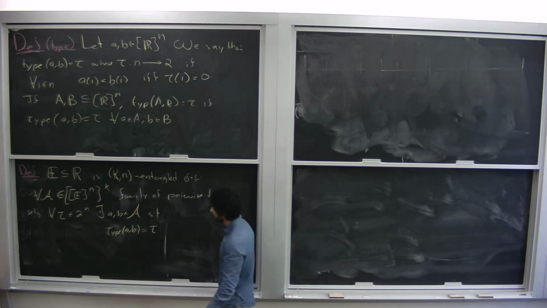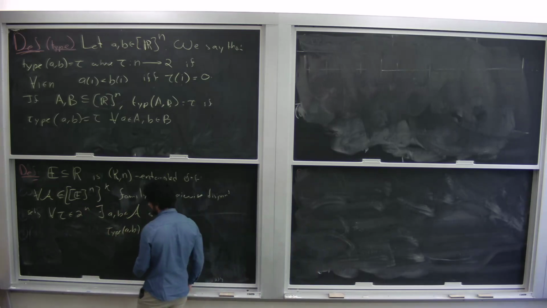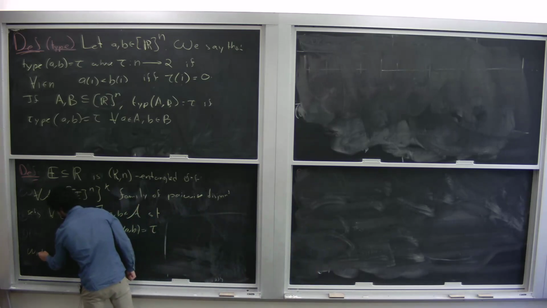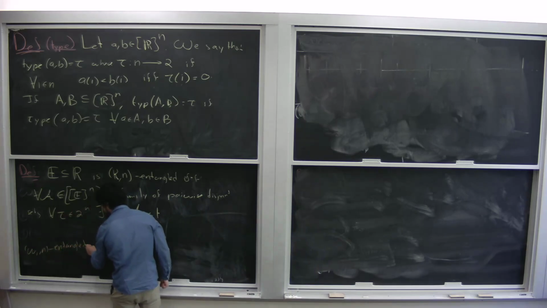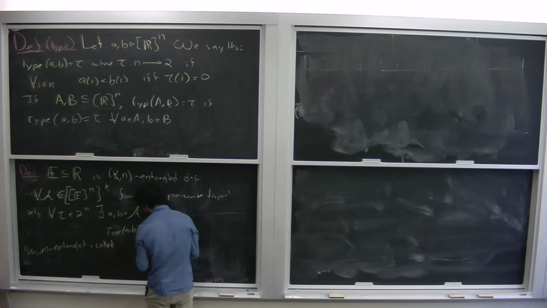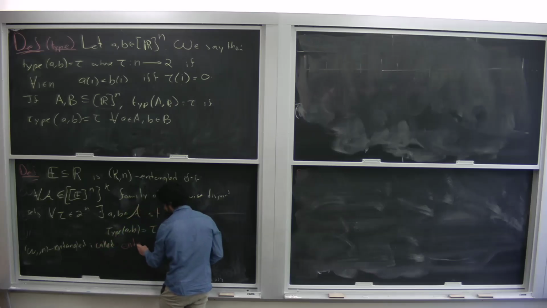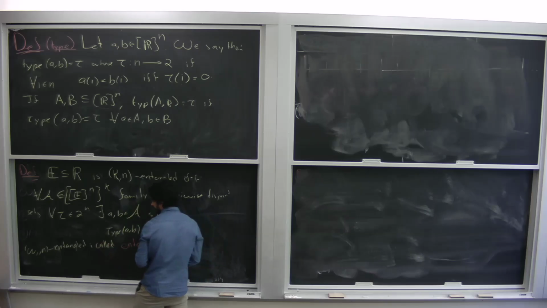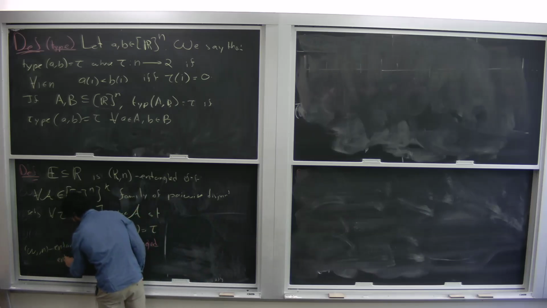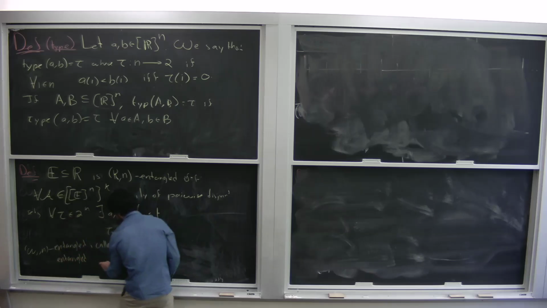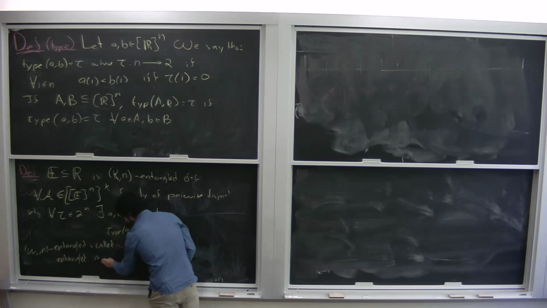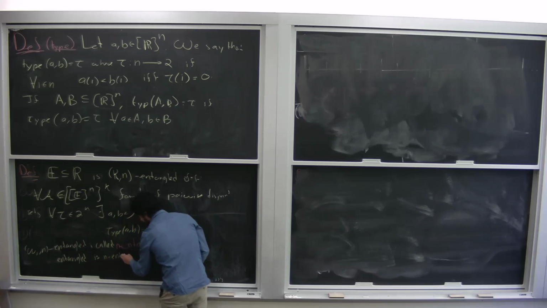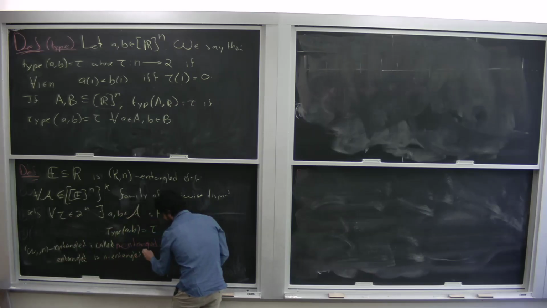An n-entangled set is simply an omega 1 n-entangled set. So omega 1 n-entangled is called n-entangled. And entangled is n-entangled for every n.